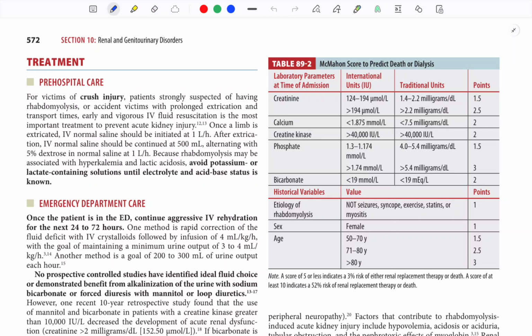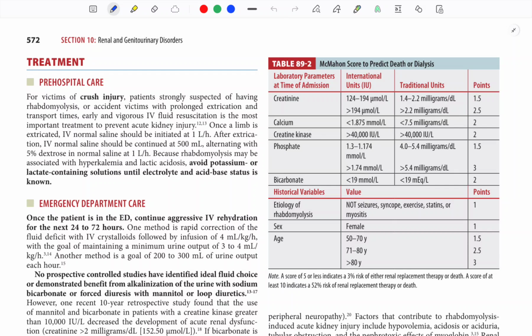If bicarbonate is given, maintain an isotonic solution. Avoid metabolic alkalosis or hypokalemia. Mannitol may be harmful because it causes osmotic diuresis in a hypovolemic patient. So soda bicarb and mannitol harm the kidneys. Remember that. Avoid as much as possible.